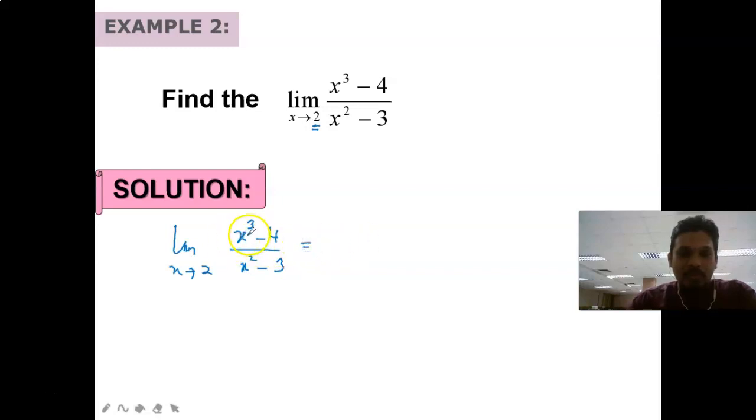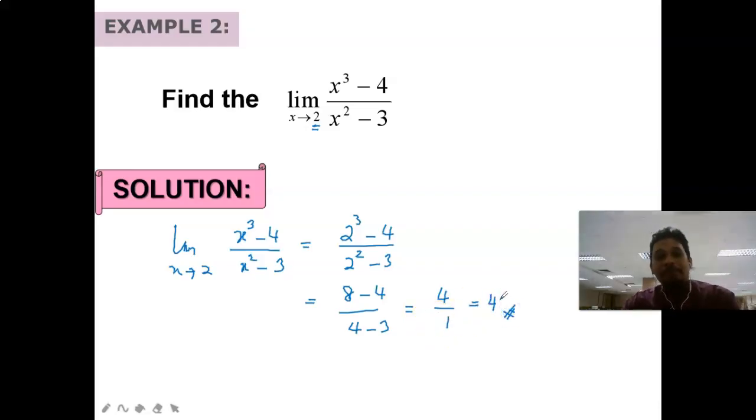Substitute x equal to 2: 2 cubed minus 4 divided by 2 squared minus 3. 2 cubed equals 8 minus 4, divided by 2 squared equals 4 minus 3, which is 4 divided by 1 equals 4. So it's not 0 here. The denominator is not equal to 0, so we can directly substitute the value of x into the function.